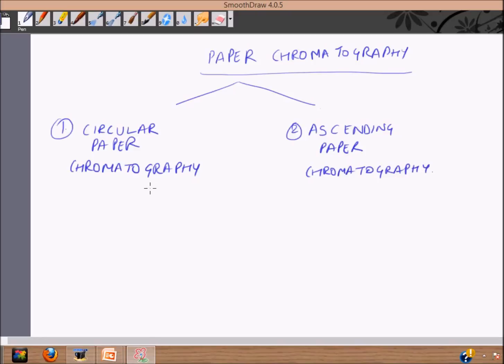Let's understand it one by one, starting with the simplest method of paper chromatography.